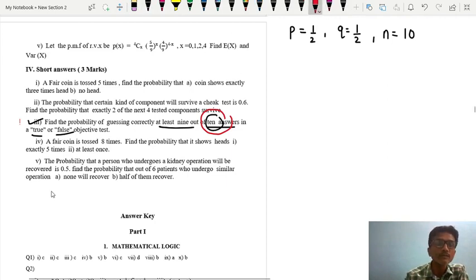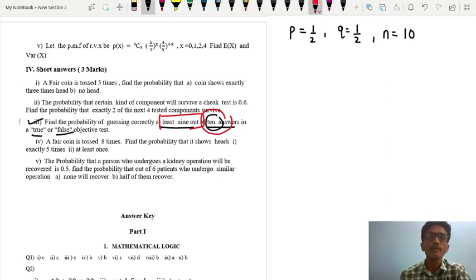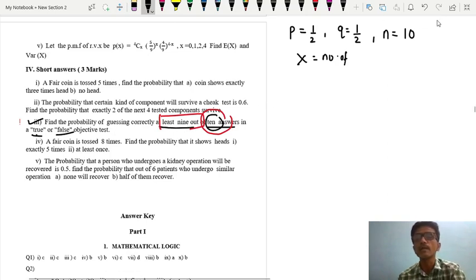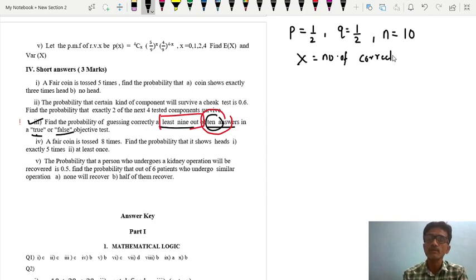Here we have to find the probability of guessing correctly at least 9 out of 10. So here we will take, let capital X be the number of correct questions.